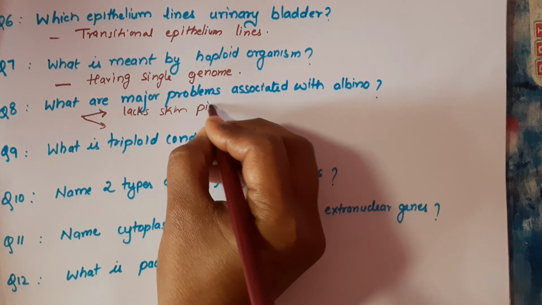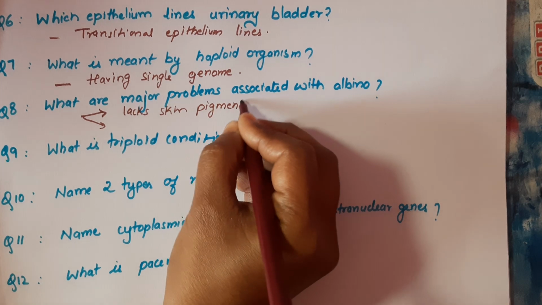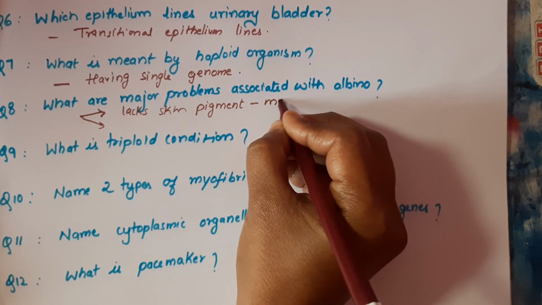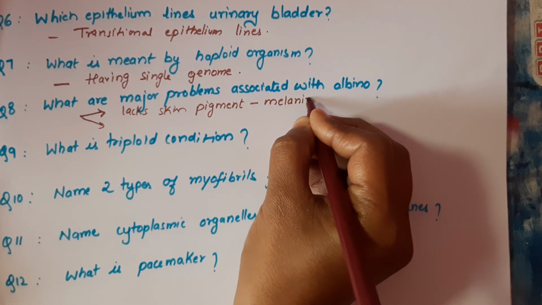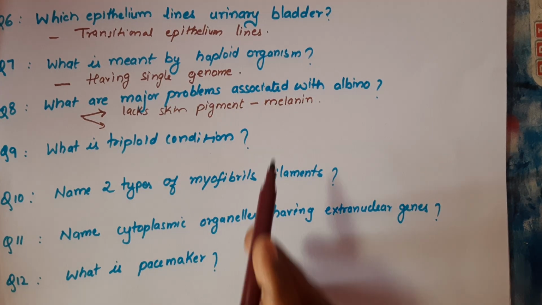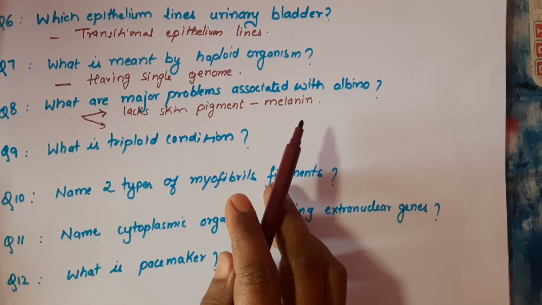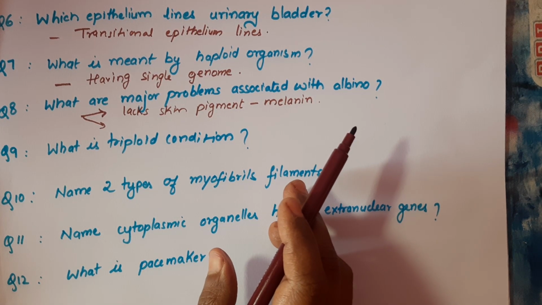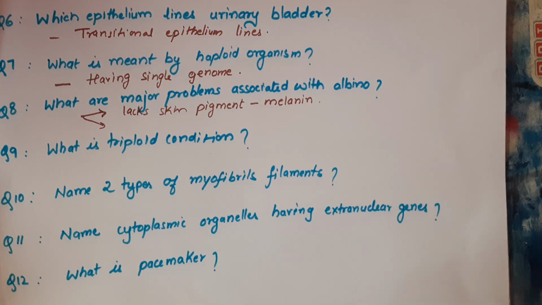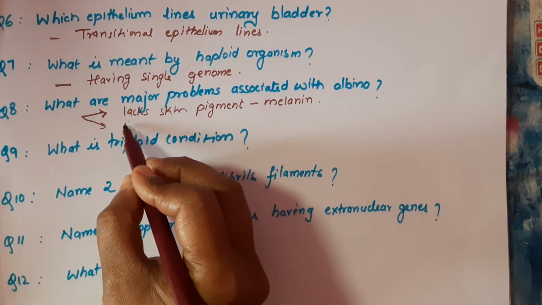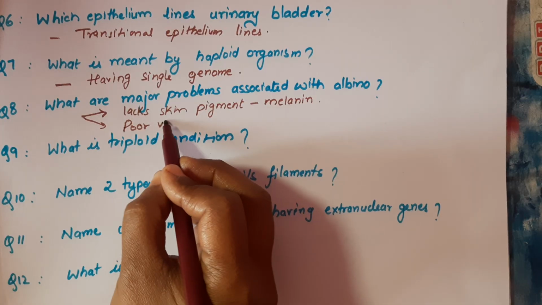Our skin is of a particular color due to the presence of the pigment melanin. They lack melanin, and that's why albino means the skin is colorless, or we can say it is white. Second, they will have poor vision.